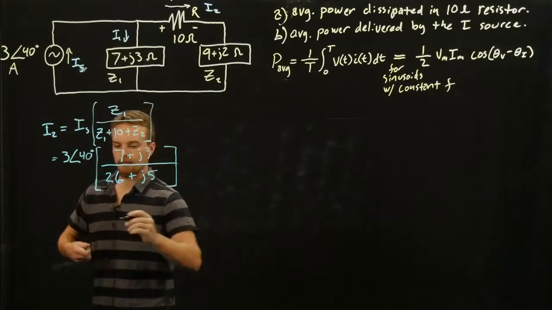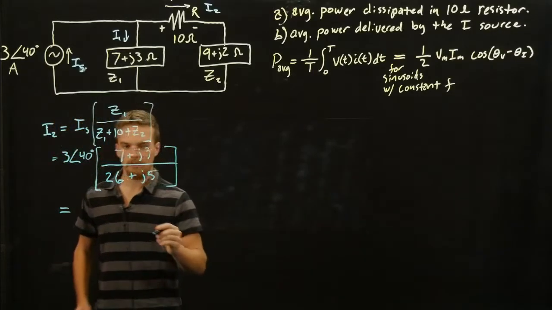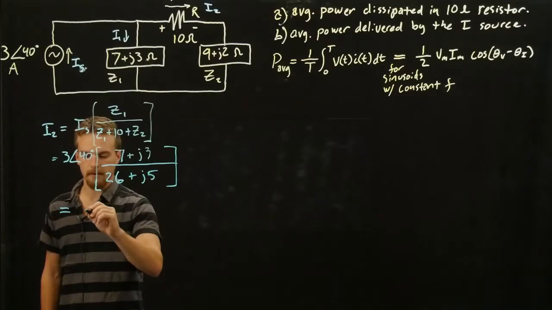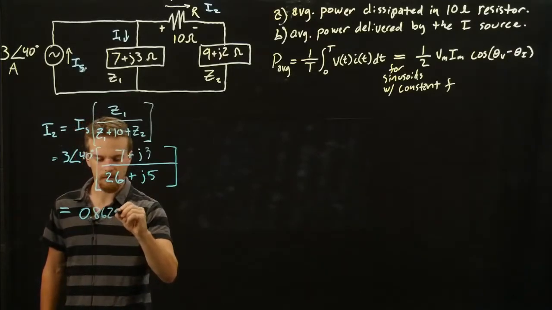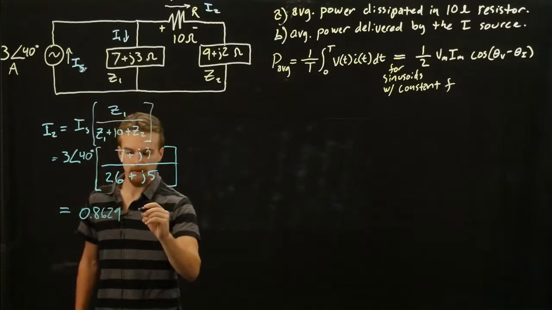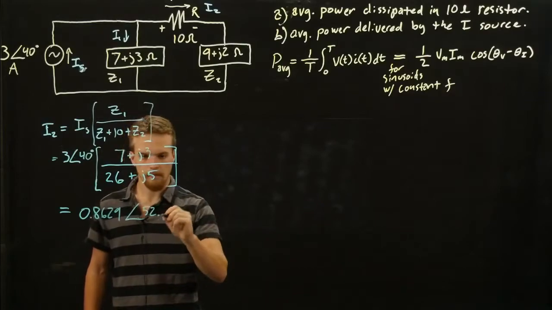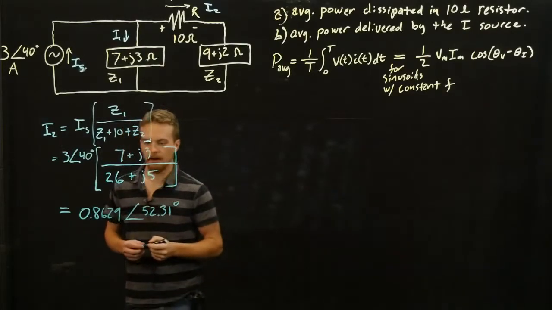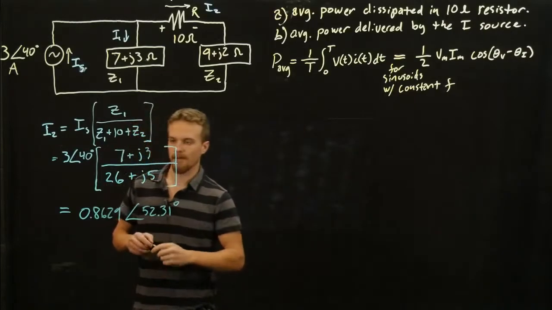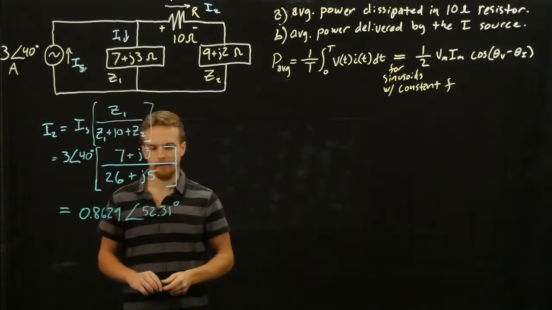When we type this into the calculator, I had my calculator in polar mode, so this becomes 0.8629 amps with a phase shift of 52.31 degrees. That wouldn't be very easy to get just doing this by hand, so you almost have to use a calculator for this.